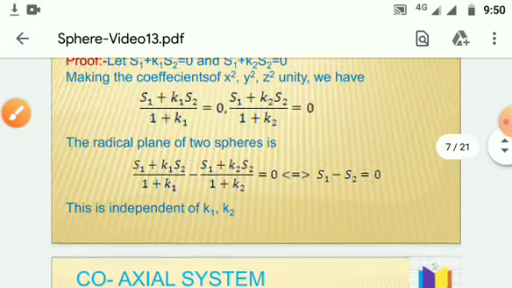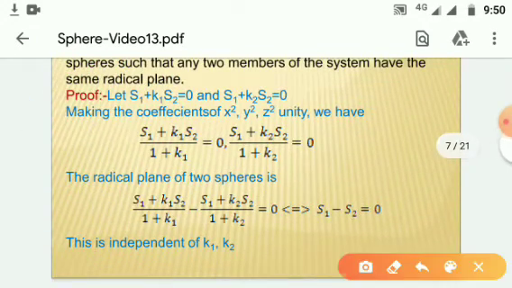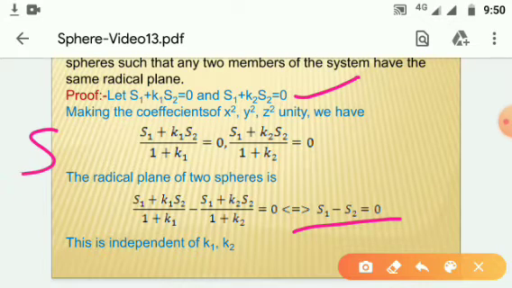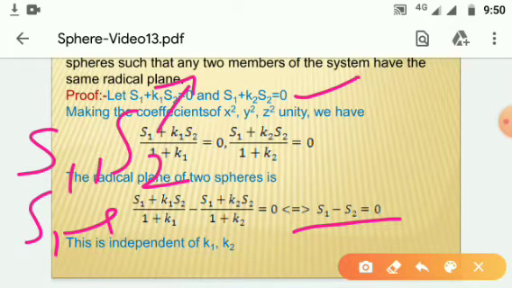Actually, we have taken two members of the system. Their radical plane is S1 minus S2 is equal to 0. Also, if S1 and S2 are also members of the system, the radical plane is S1 minus S2 is equal to 0.